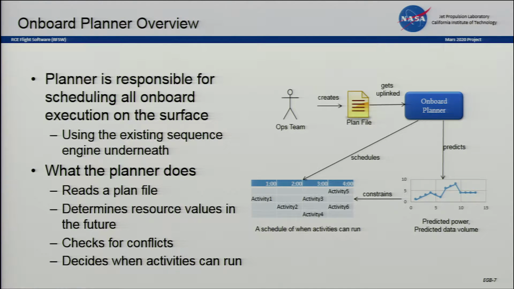What the onboard planner is going to do, first of all, is make predictions into the future about the state of the spacecraft as far as various resources, for example, power or data volume. You can think of others. We'll talk about others.